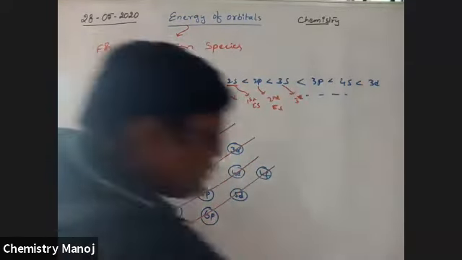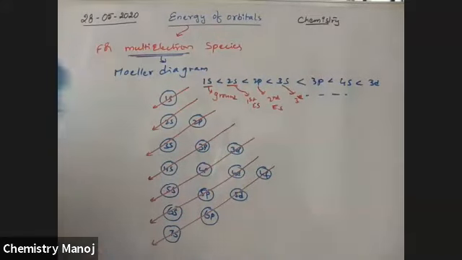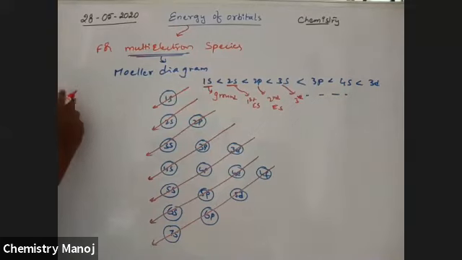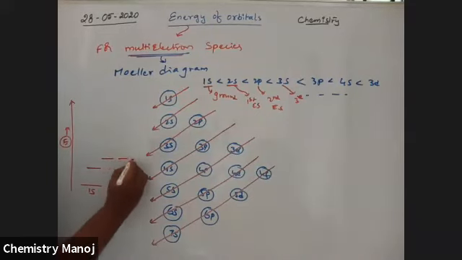This is the energy increase direction. Now this is the 1s orbital. This is the 2s orbital. These are the 2p orbitals.